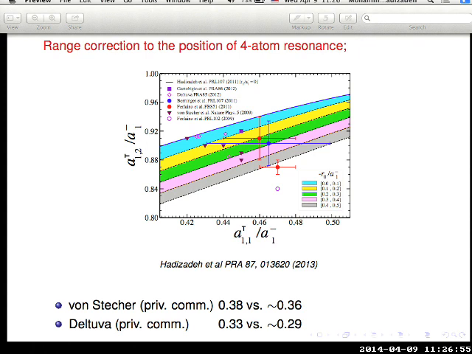If I compare our analysis with the Stature result, we try to find what is the R0 over A when we have the scattering lengths of the two loose tetramers. They have in their calculation R0 over A 0.38, and this is what we can obtain from this analysis. And for the Deltuva calculation, he has 0.33 for the Gaussian potential, and this is our prediction, 0.29.